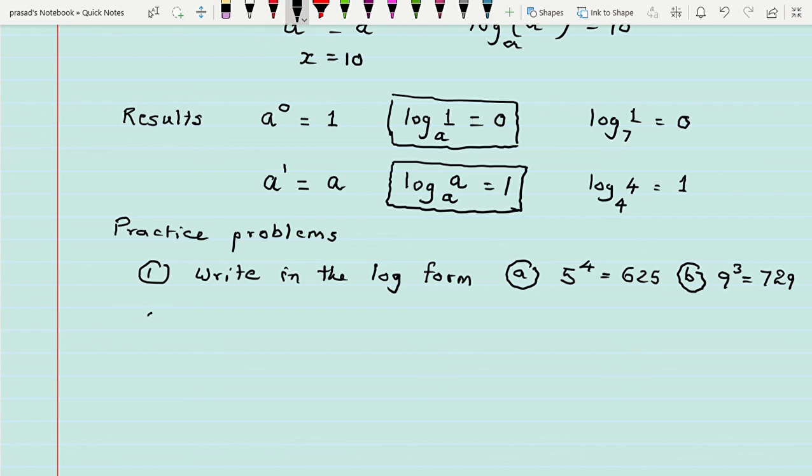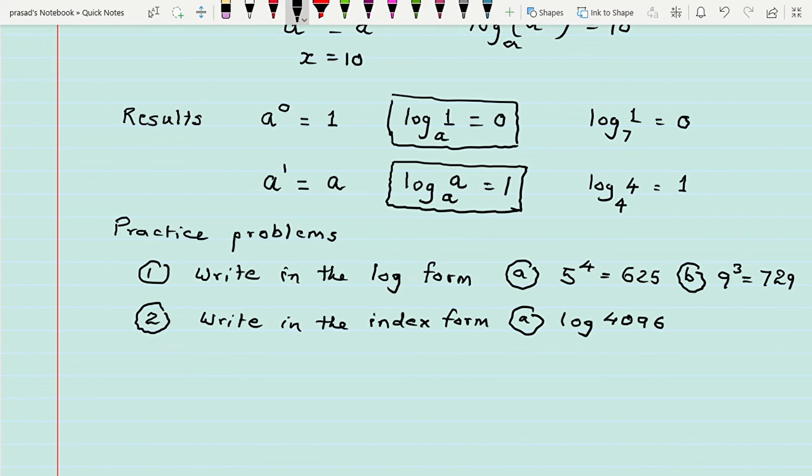Then write in the index form. So first one, log 4096 to base 8 is equal to 4.